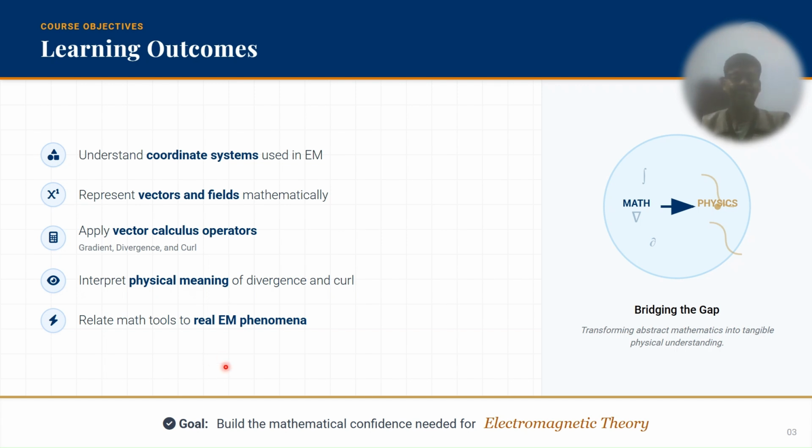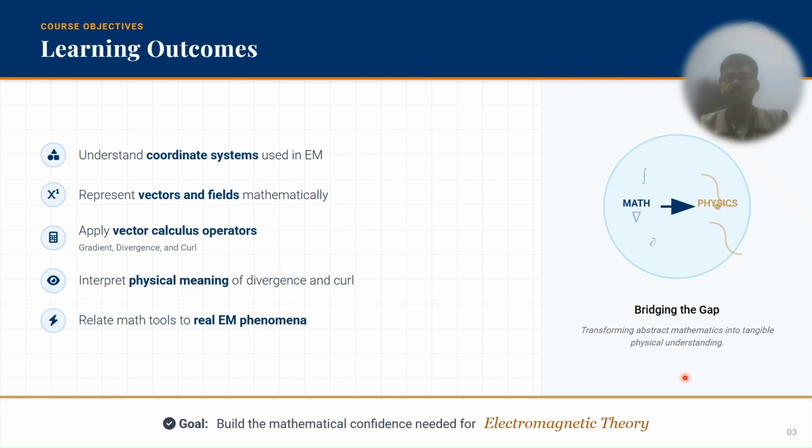And the final point is math tools to real EM phenomena. Divergence and curl are basically mathematical operations. Now, how they are related to EM phenomena, you have to understand. On the right side there is a figure that says transforming abstract mathematics into tangible physical understanding.